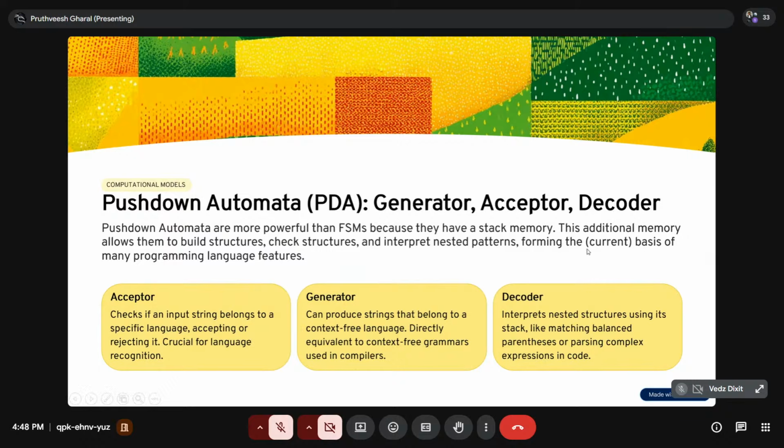Whenever it sees an open bracket, it writes in the stack that there is an open bracket, let's say O. Whenever it encounters a closed bracket, that dependency it had earlier, whether or not this bracket is closed, is resolved. So in this stack, we will pop it.